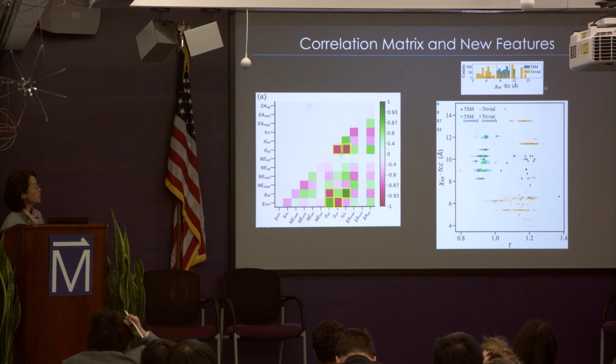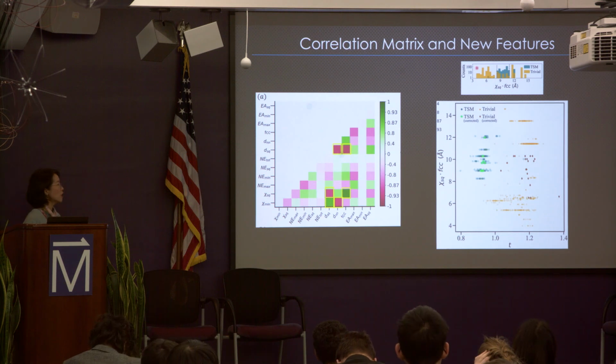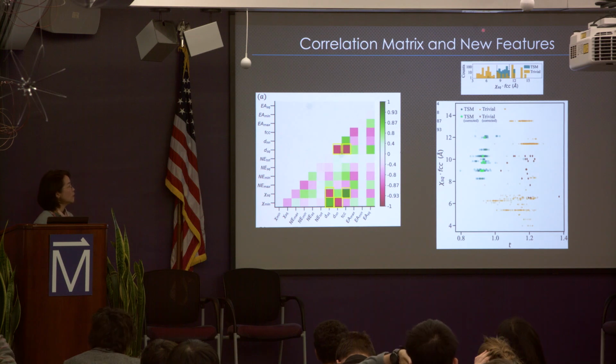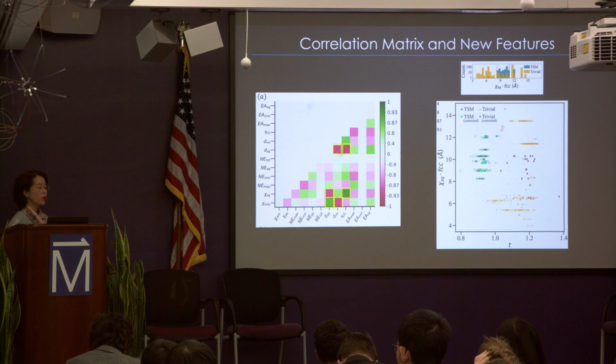So large electronegativity would be putting the material in a very much ionic bonding limit. Very small would be very covalent limit. And when I showed this plot to Leslie, she said, oh, that is kind of confirming something that we were often wondering about.